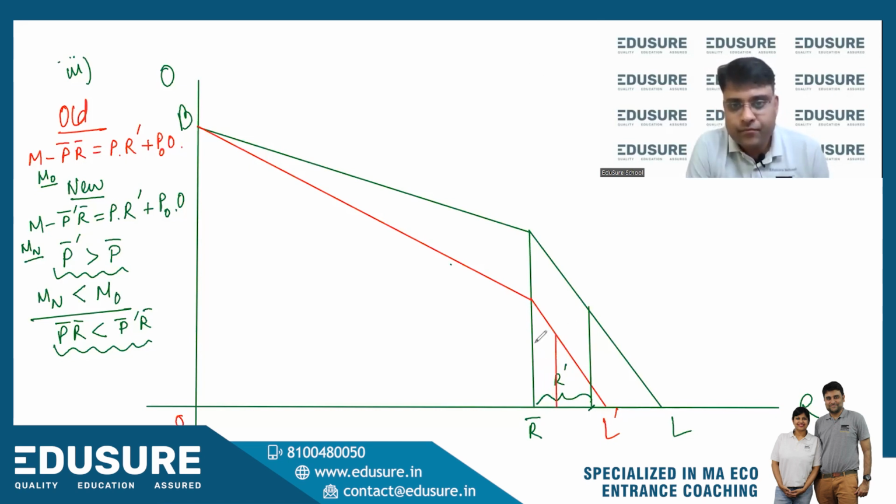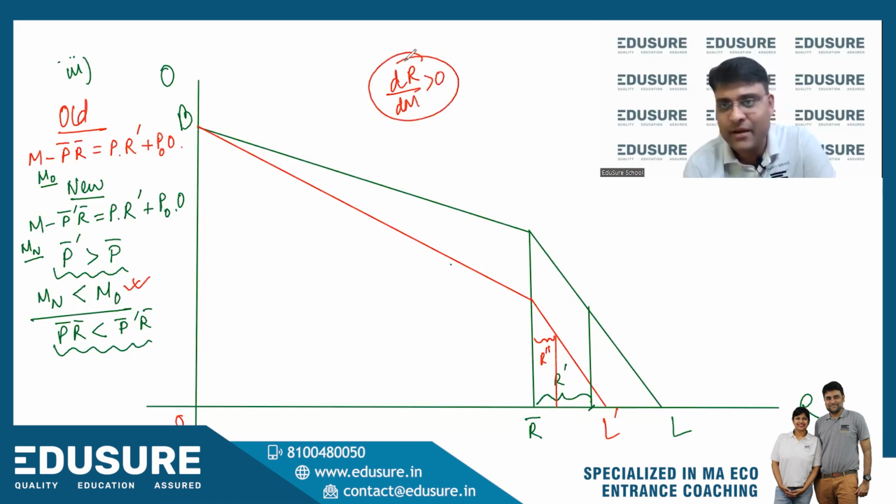This is my R double dash. So the amount that I will purchase over and above my ration quota will definitely fall because I have less money income in my hands and it is given to me that rice is a normal good. If my money income falls, obviously my rice quantity will also fall.